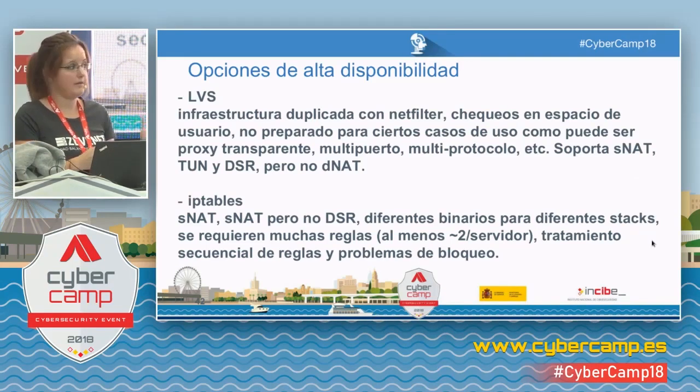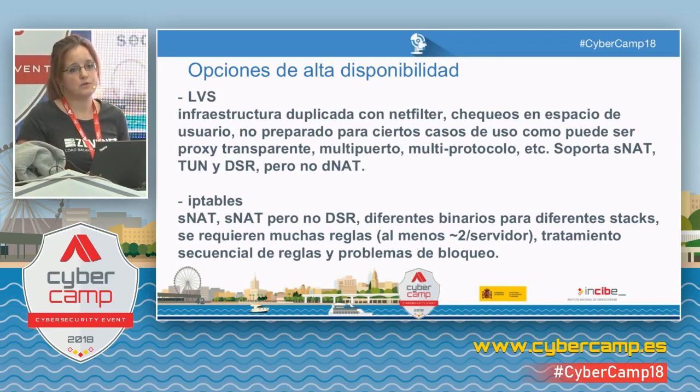iptables can also work with load balancing, and at CBNet we've been using it up until now, although not very efficiently. Why? Because you need so many different rules for every backend server. There was at least duplication.